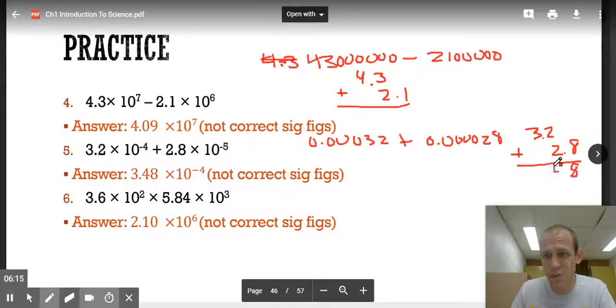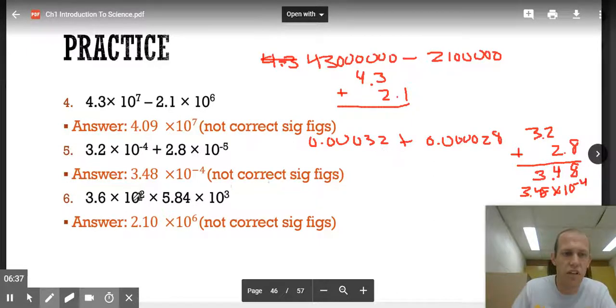So 8, 4, 3, and I take the power of 10 that goes with the 3, 0.2, which is 10 to the negative 4. So this answer would be 3.48 times 10 to the negative 4th, which is what it has right here. But it's okay to do it like this.